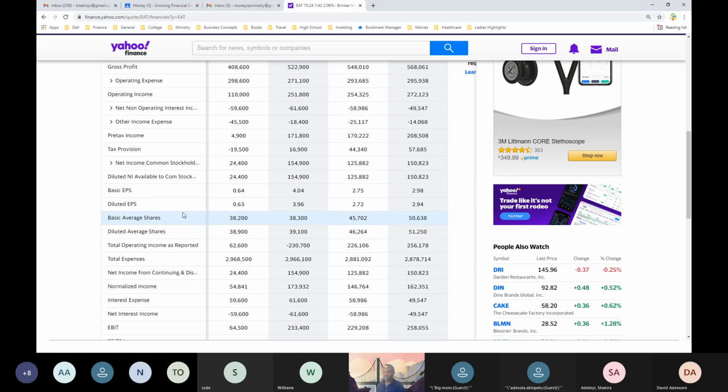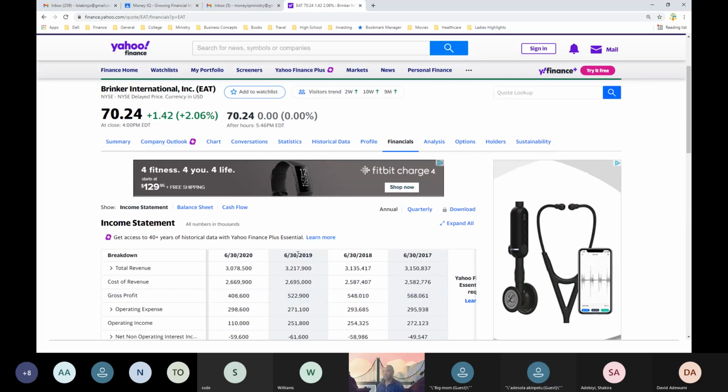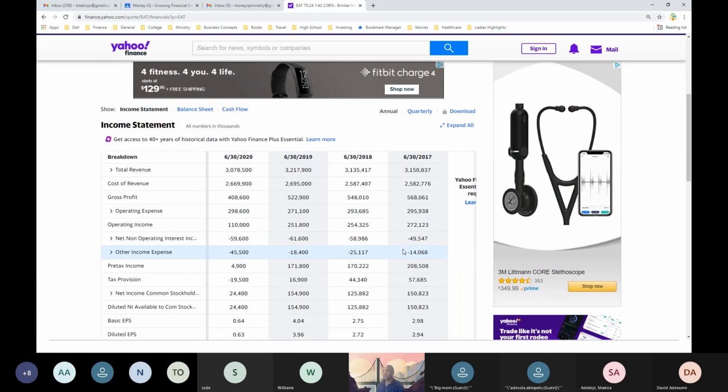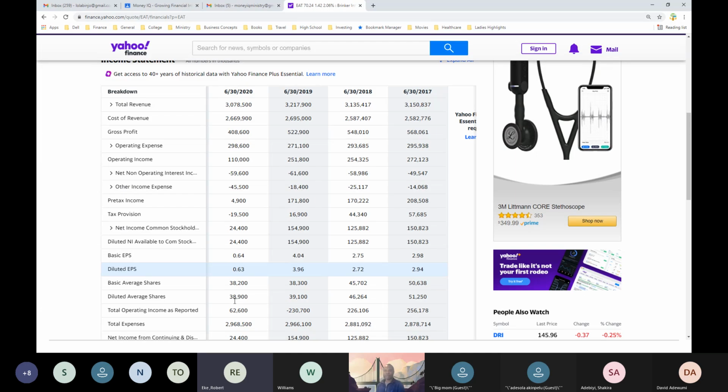When you look at the income statement, they already calculated the earnings per share for you. So you can simply divide the current price of 70 by 0.63 to know the current year's price to earnings ratio.